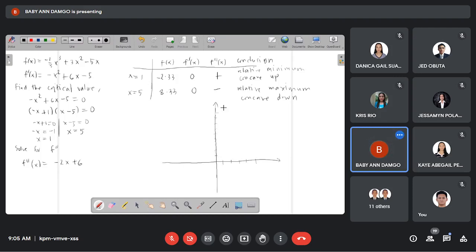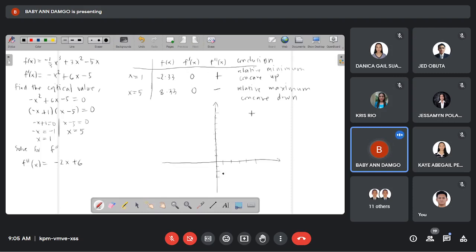And then negative 1, 2, 3. So when x is 1, we have negative 2.38, so the point is here. Okay? When x is 5, we have 8.33, so the point is here.